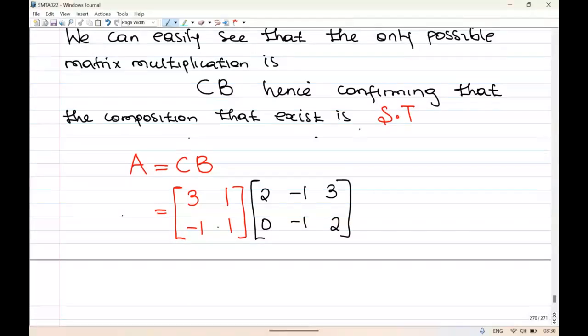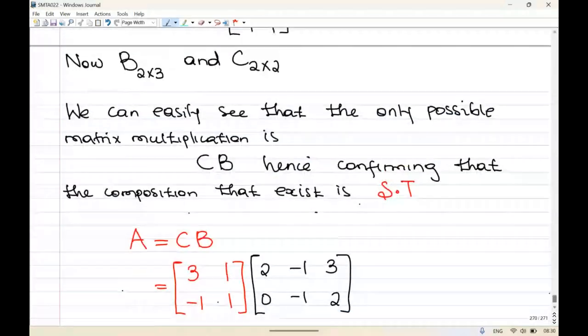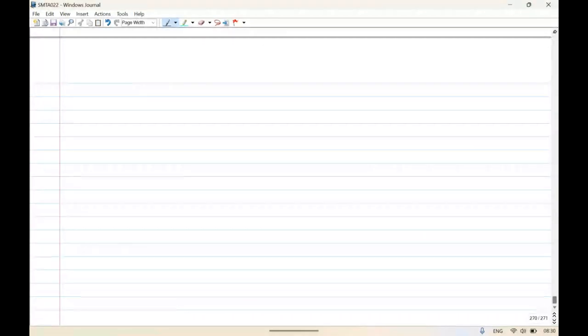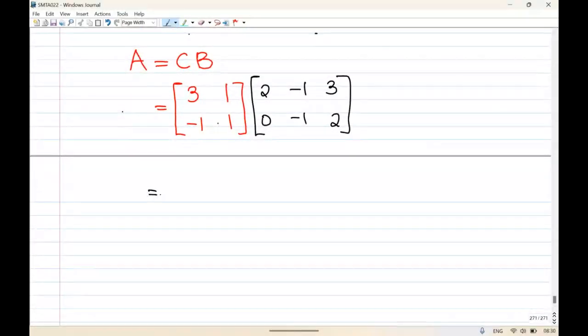So now let's multiply. When you multiply this, you know that you are going to multiply row by column. Then you are going to say 3 multiplied by 2, the answer is 6. Plus 1 multiplied by 0, the answer is plus 0 there.